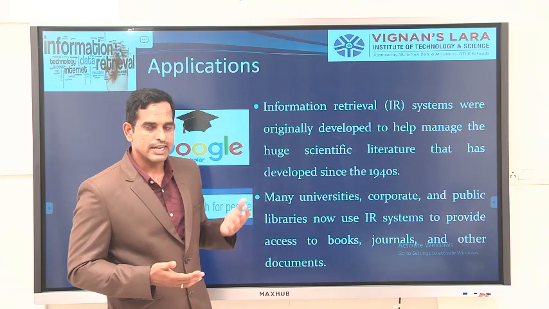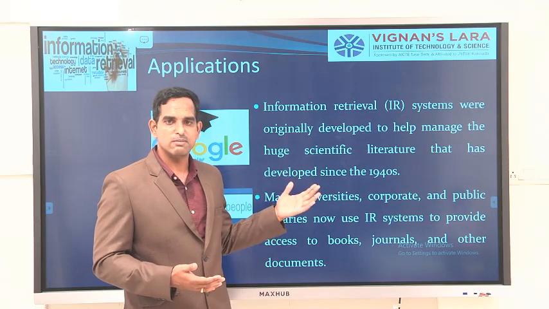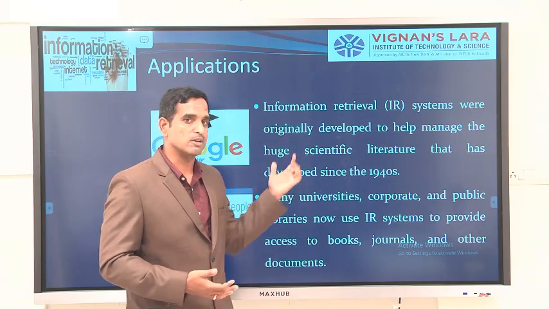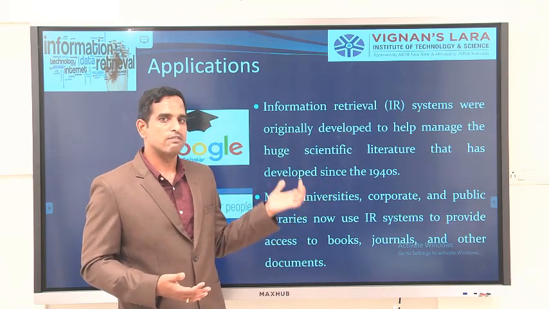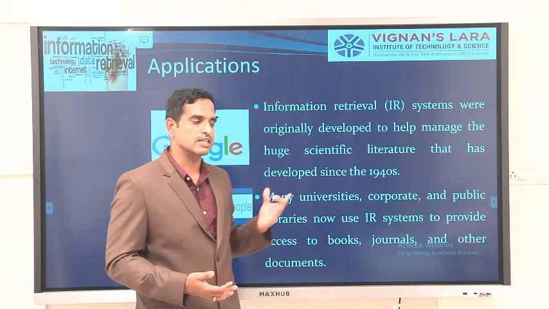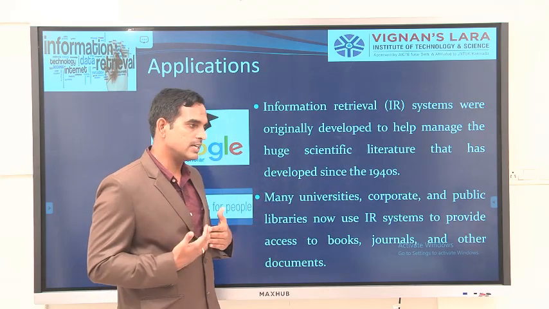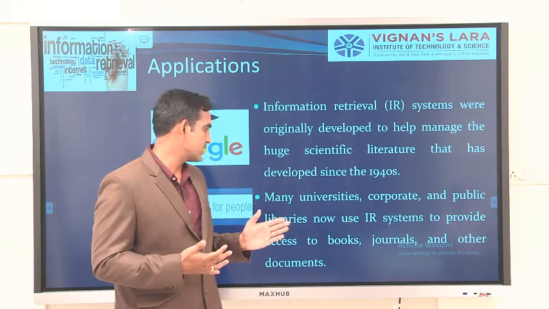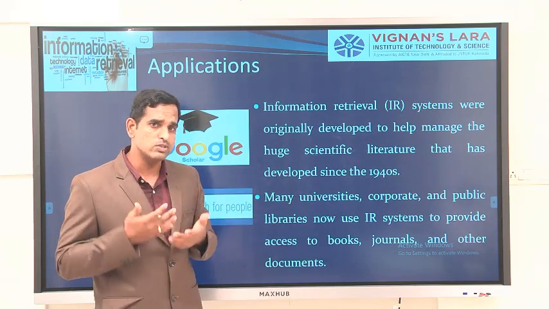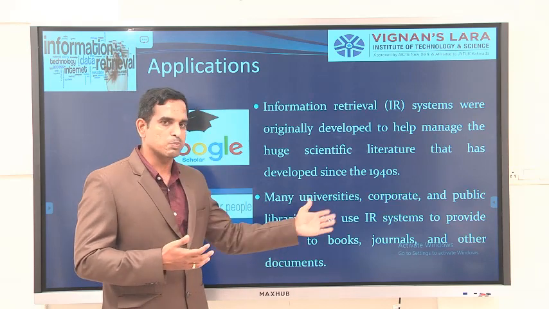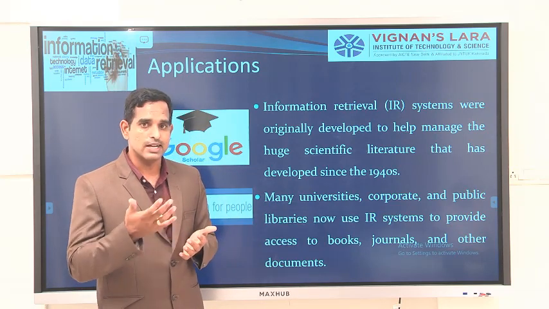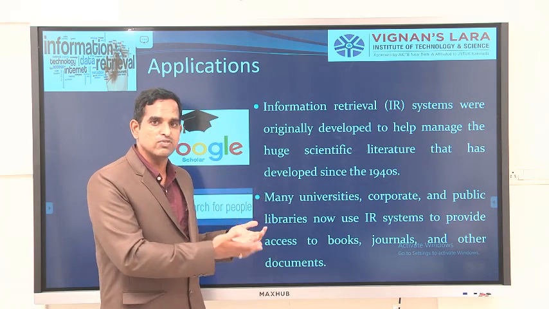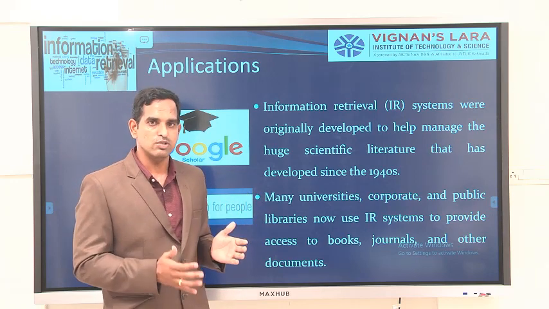Later, in the present day, many universities, corporates, public organizations and public libraries use information retrieval systems to provide access to journals, books and other things, so that it is easy for a large number of users to access.